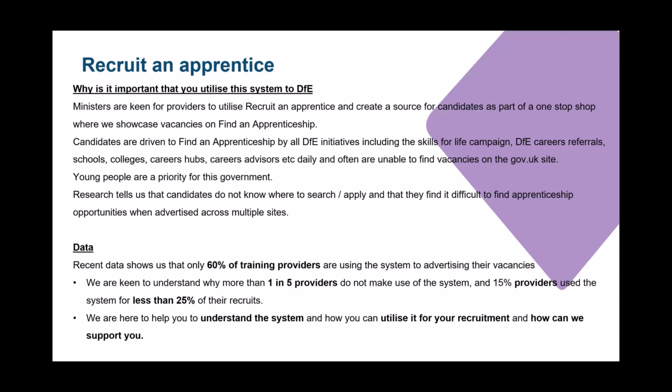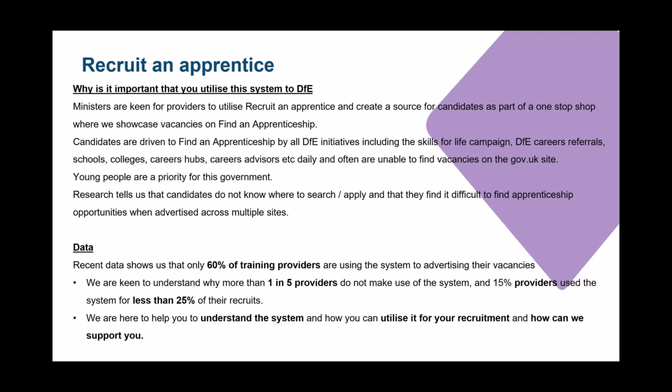And in line with that, in a lot of our initiatives, we send candidates to Find an Apprenticeship, which is the front-facing element of Recruit and Apprentice. What we do know is that when people do use it, they get a very good range of candidates that come forward.